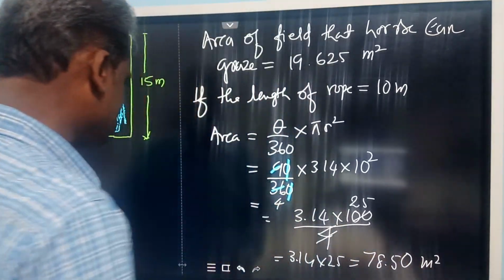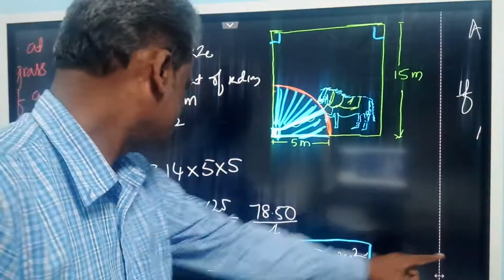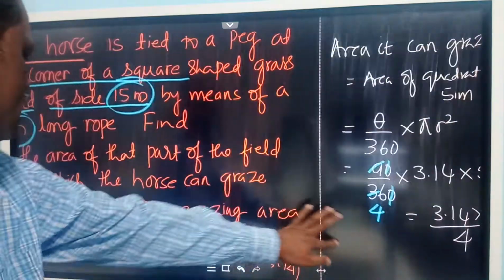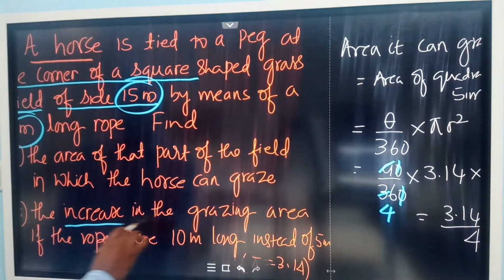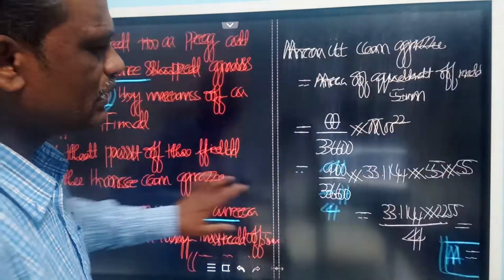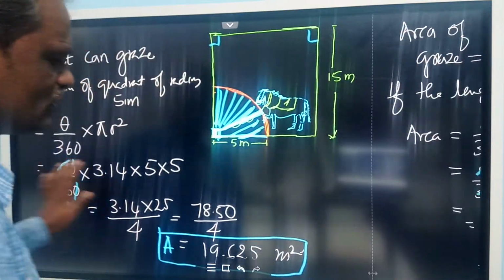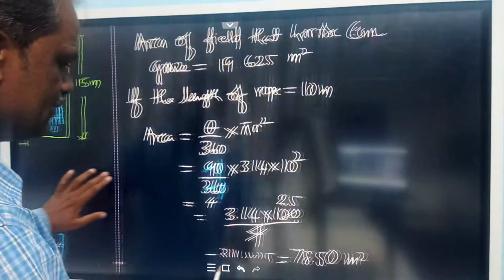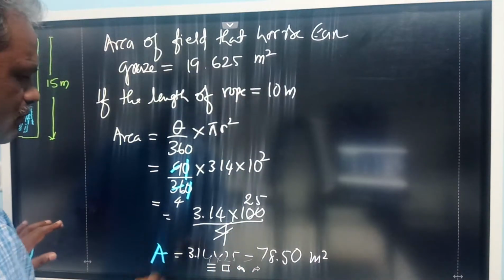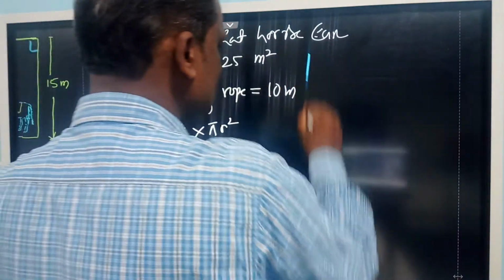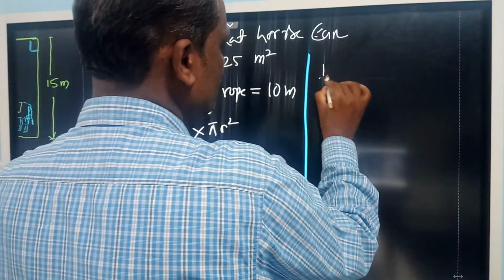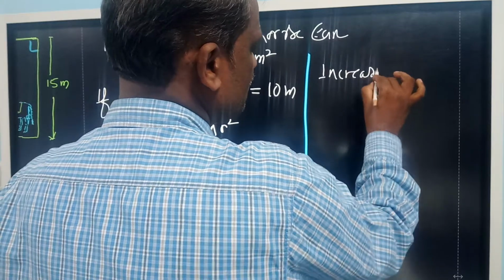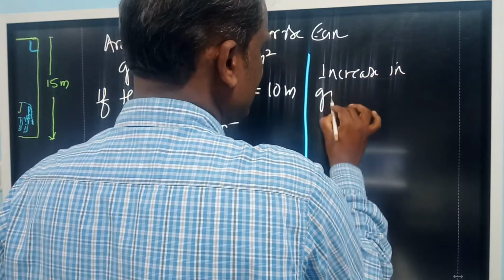Now, what is the second question? We want to find out the increase in the grazing area. So earlier it was 19.625, now it is 78.50. So you can write increase in grazing area.